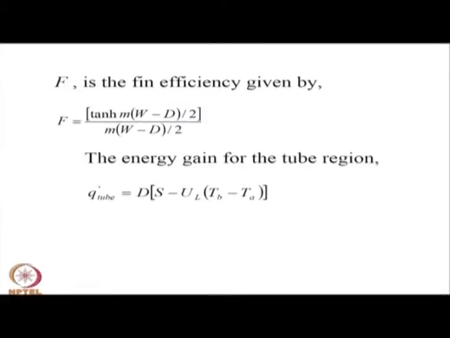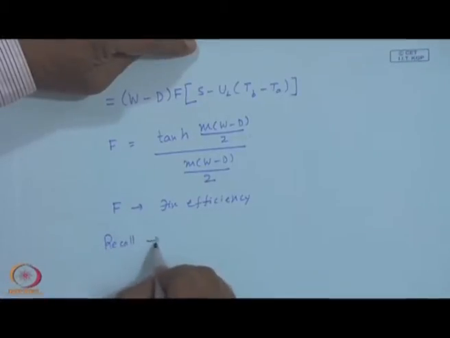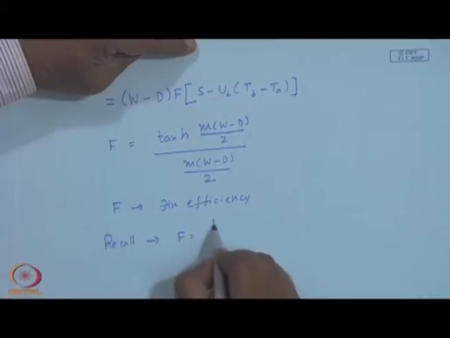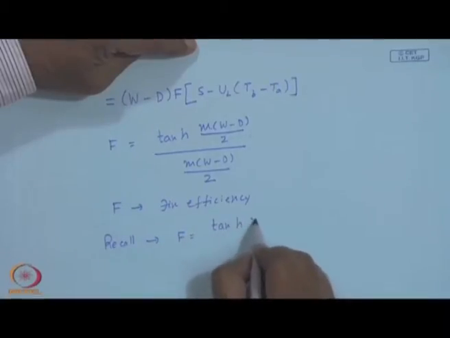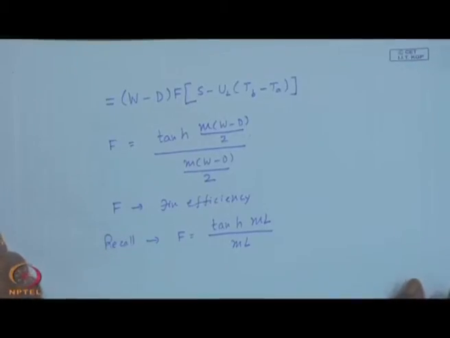It depends upon m, which contains the loss coefficient, thermal conductivity, and the distance between the plates, (W minus D)/2. Now recall, if there is a fin of length L, the fin efficiency is defined by tanh(mL)/mL for a certain boundary condition of negligible heat transfer from the tip.